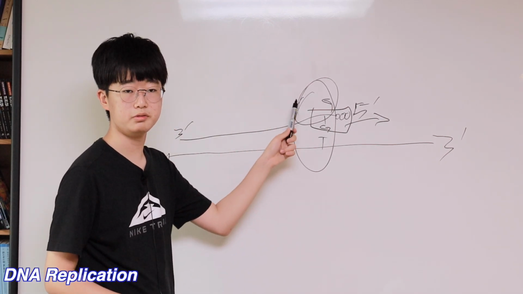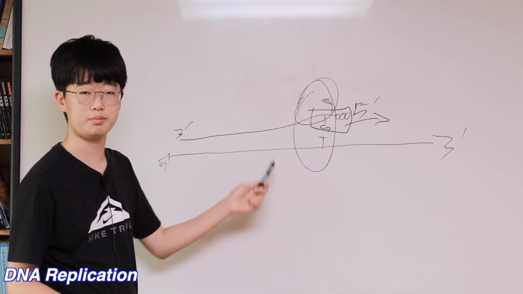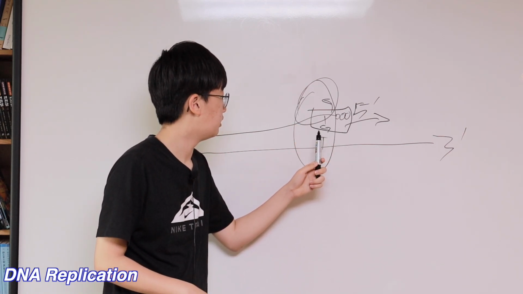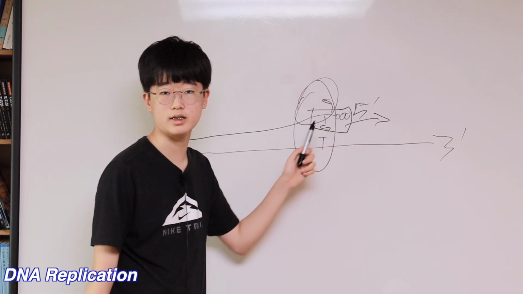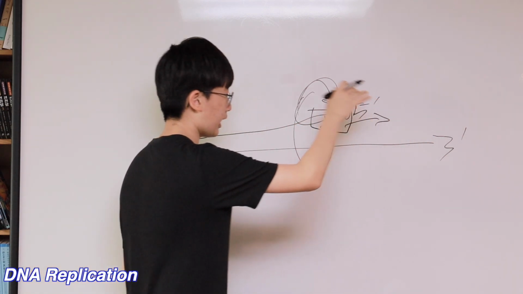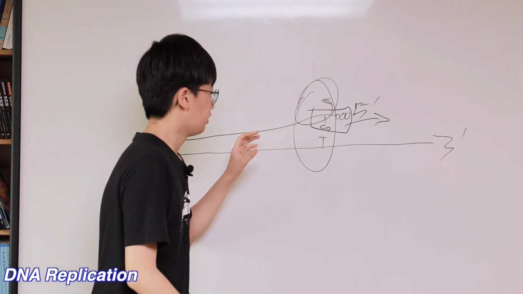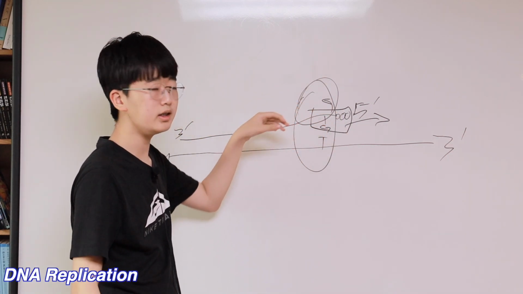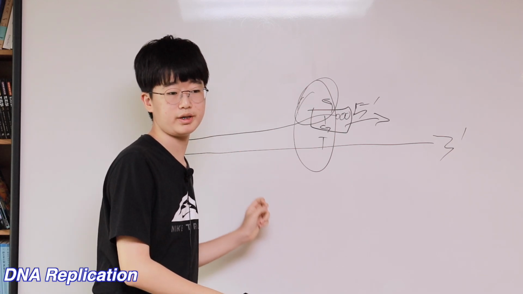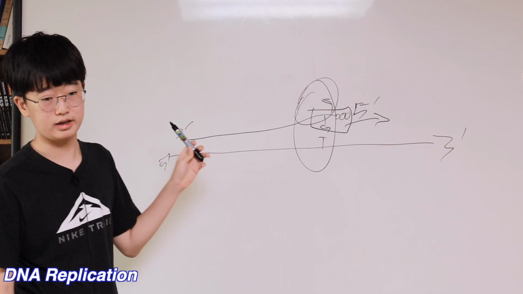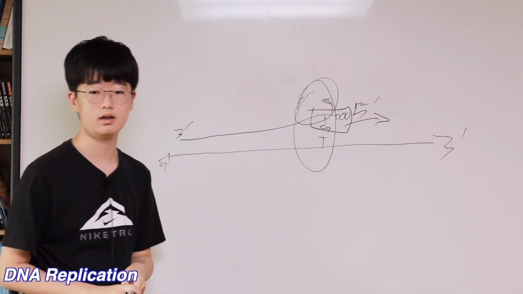So exonucleases on DNA polymerases also get energy from the NTP. So this is cut off, and then the right thing will come and attach to the T, which would be an A, and then it would keep going on.